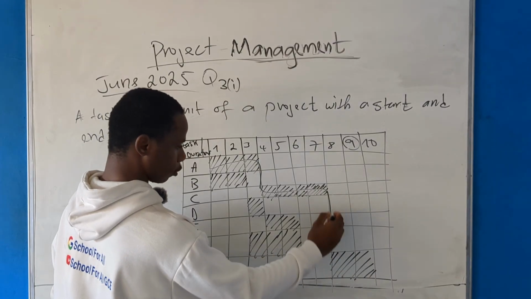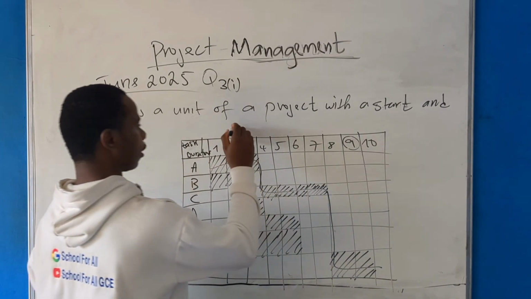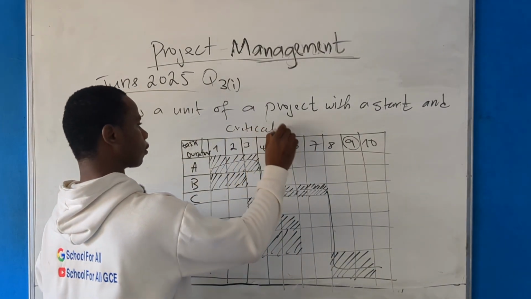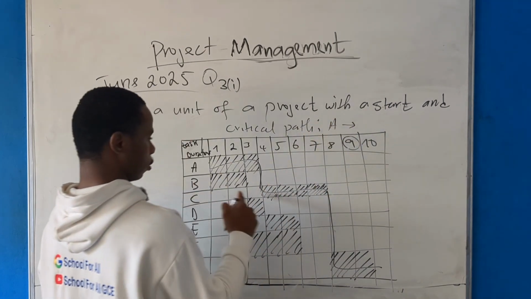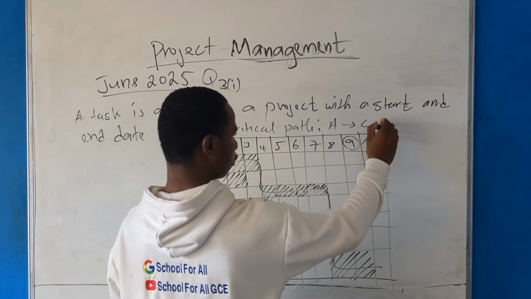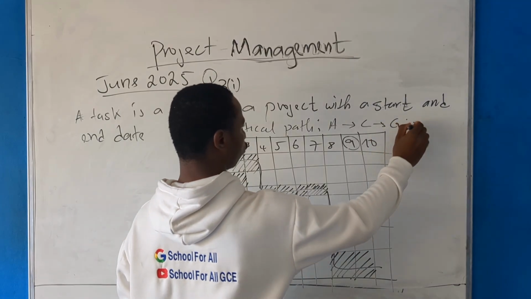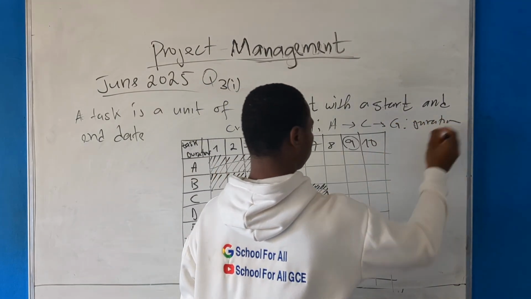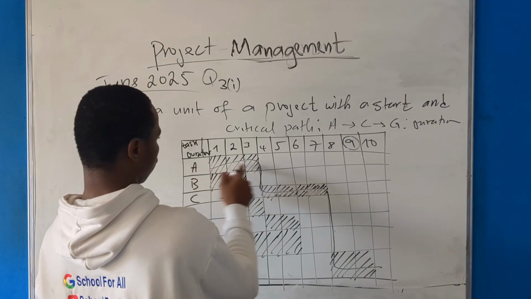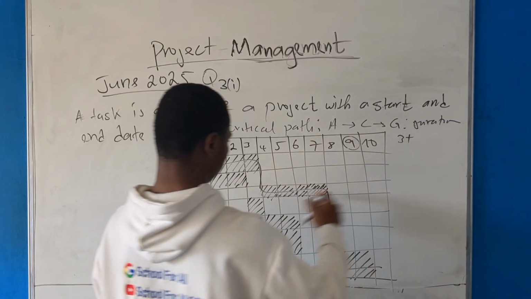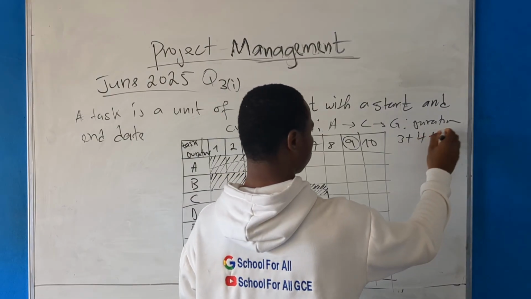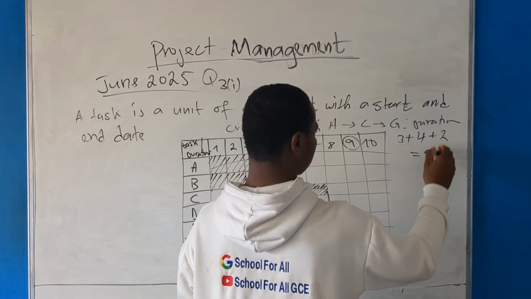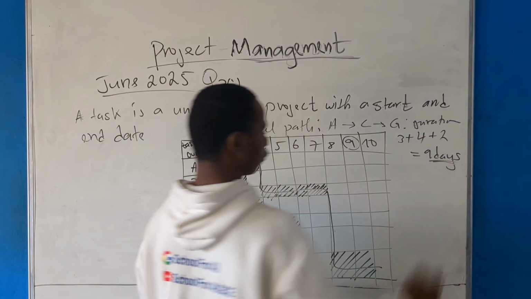Yes, G is depending on C. From there, it simply means that my critical path is A, C, G. Good. And the durations: for A is 3 days, so it's 3 plus C 4 plus G 2, so total of 9 days. So this is your critical path.